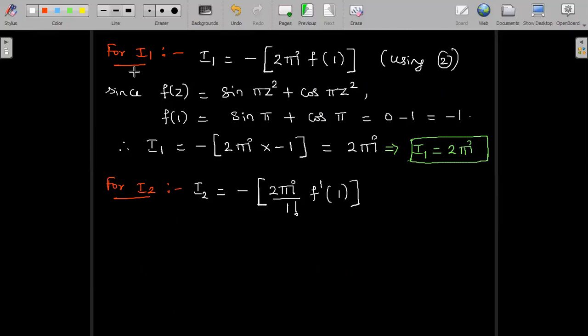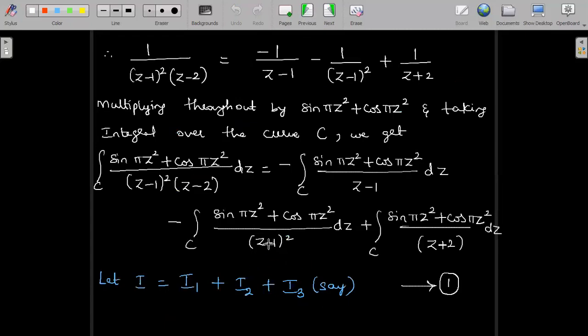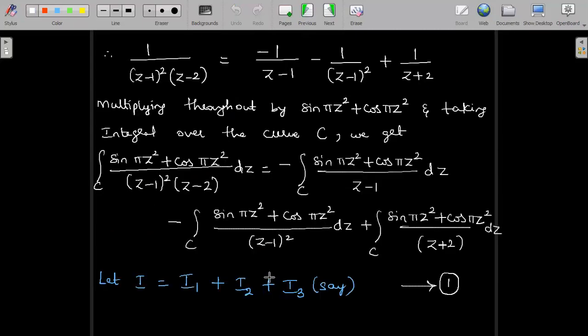Let me just show it. This is using equation 3, means the generalized integral formula is applied. So we are taking f of z as sine pi z square plus cos pi z square, that is constant throughout the problem. Denominator, a is compared with 1. We have to take z minus 1 whole square, no? So a is compared with 1, and then n plus 1 power is compared with 2.